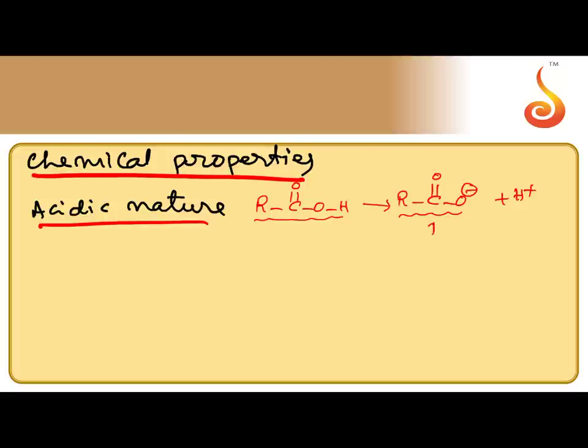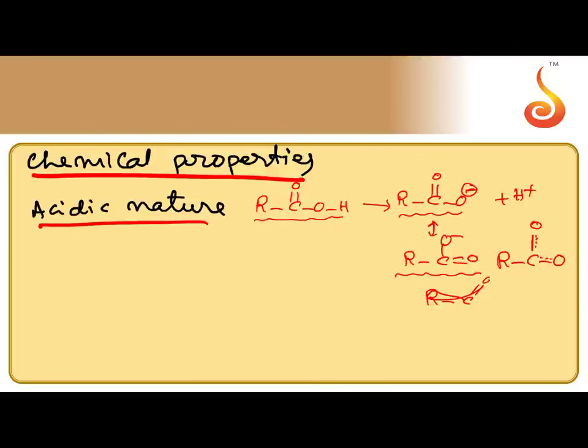So the carboxylate ion is stabilized due to conjugation between O minus and C=O pi bond, and it gets two resonance structures. Both the resonance structures are 100% identical. That's why the resonance hybrid we can write like this.